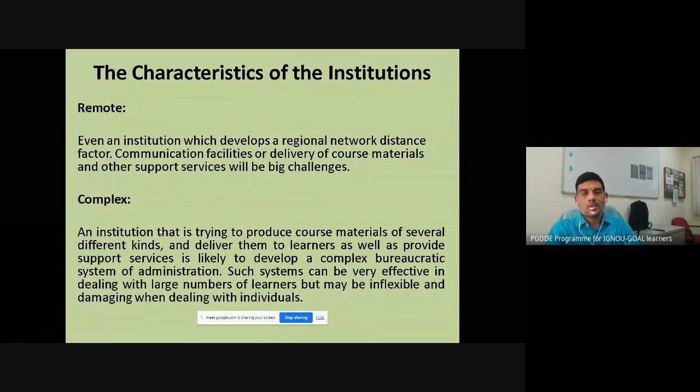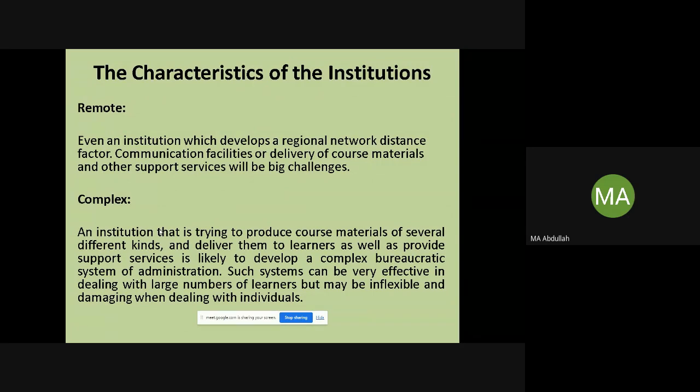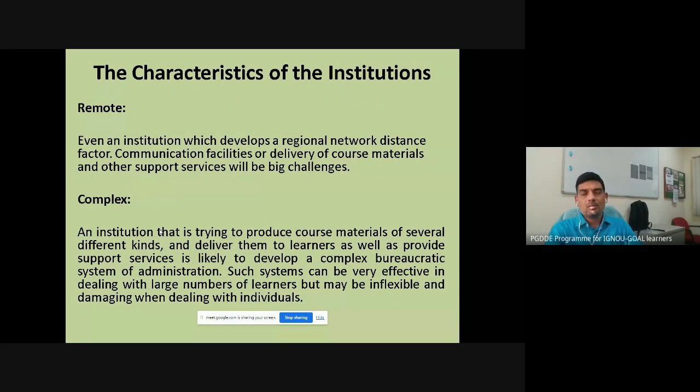Now the distance between the teachers and the learners, or between the institutions and the learners, we are trying to minimize that gap by the use of technology and by services which are very interactive and have been designed to motivate the learning also. Okay.